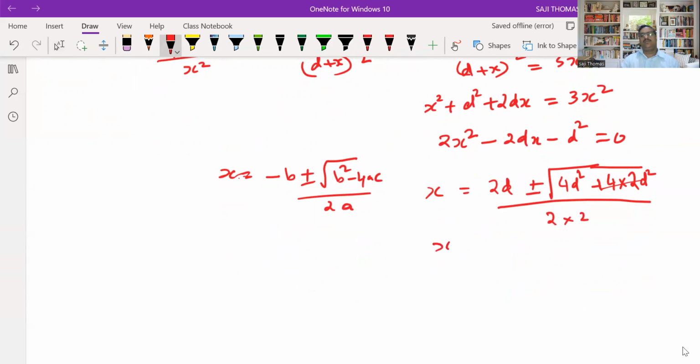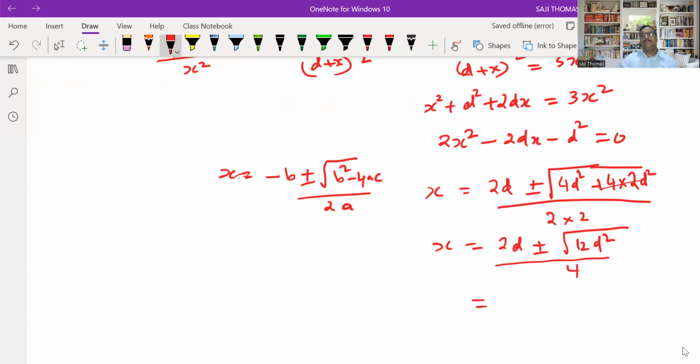So x is equal to 2d plus or minus root of 4d square plus 8d square, so 12d square, whole divided by 4.